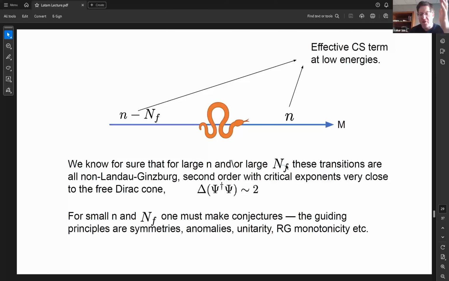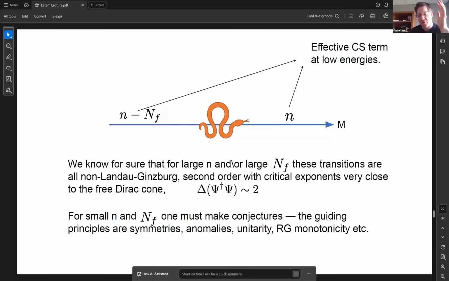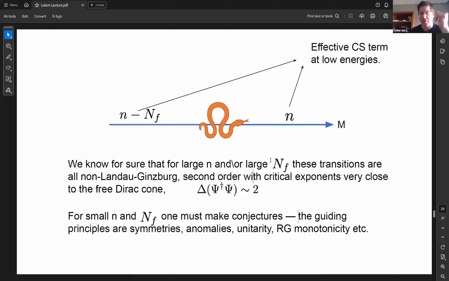And when the number of species is very large, you can also understand that the theory might be weakly coupled, because in 3+1 dimensions, when you have lots of species of matter fields, the theory is infrared free. And something similar happens in 2+1 dimensions. It becomes very weakly coupled. These are still non-Landau-Ginzburg, but they're weakly coupled non-Landau-Ginzburg theories.